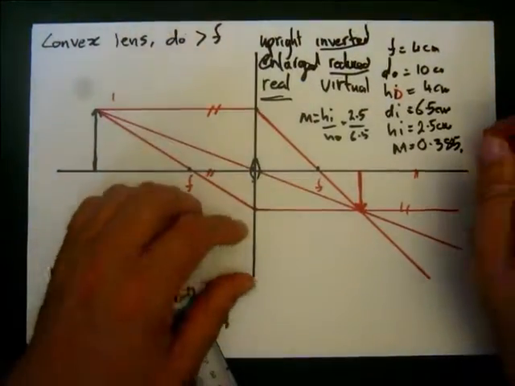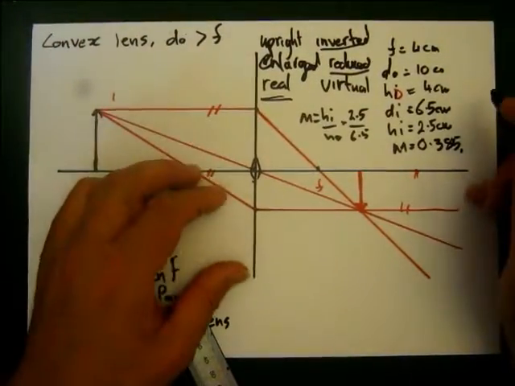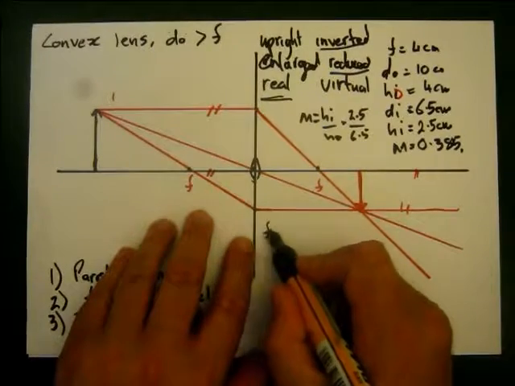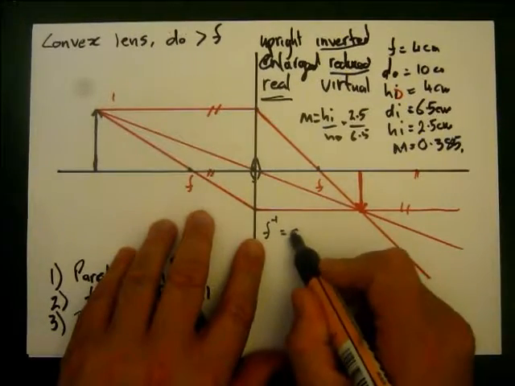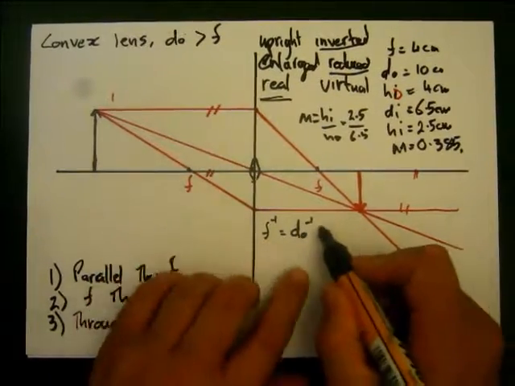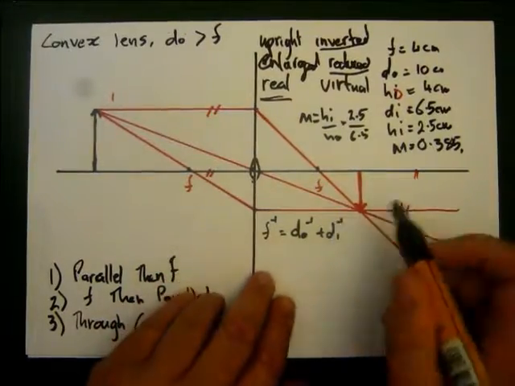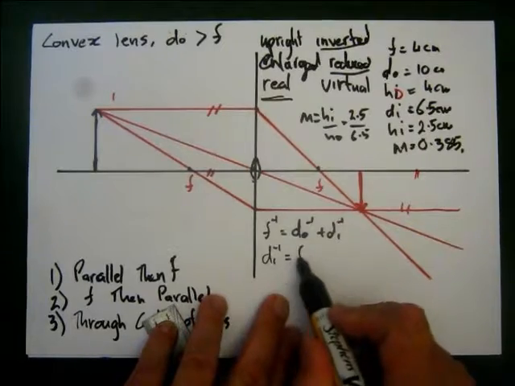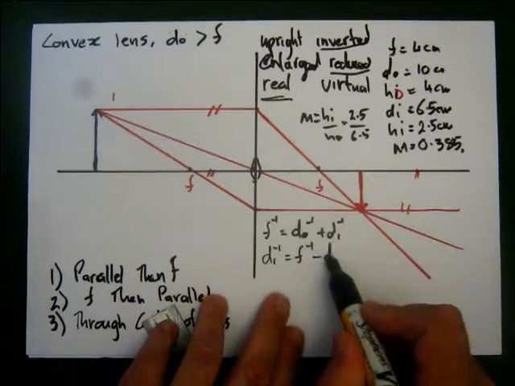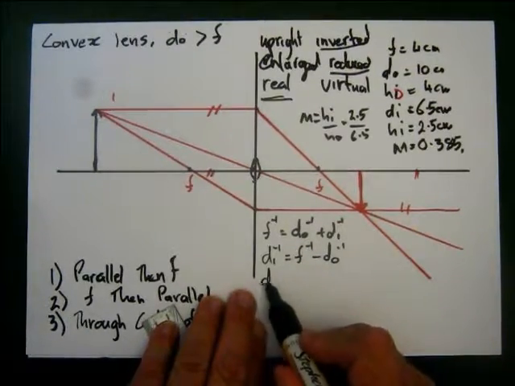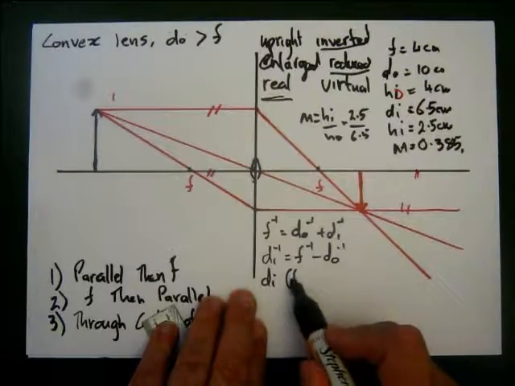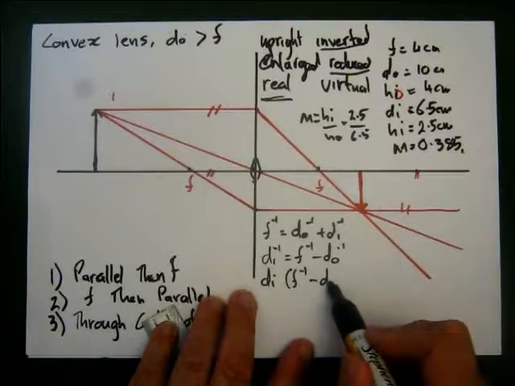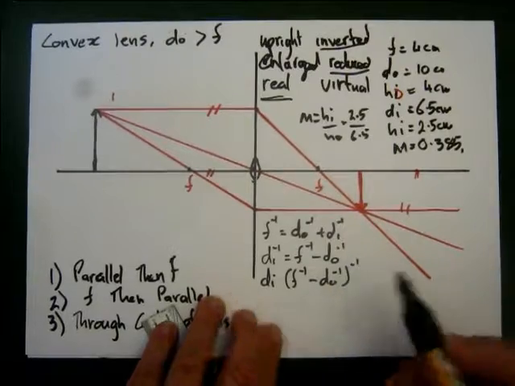What we can do is use maths to confirm this. F inverse equals DO inverse plus DI inverse. Rearranging this, DI inverse equals F inverse minus DO inverse. You can take the inverse of the lot.